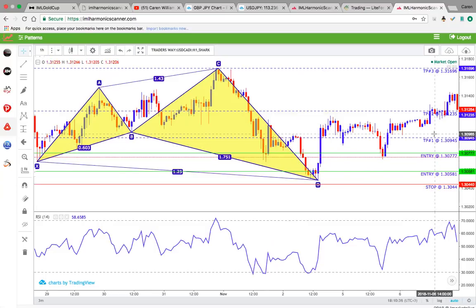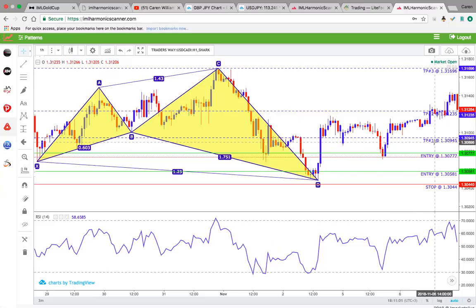On top of that, we have take profit 1, take profit 2, and take profit 3. The harmonic scanner gives these points as possible areas they expect the trade to go to.